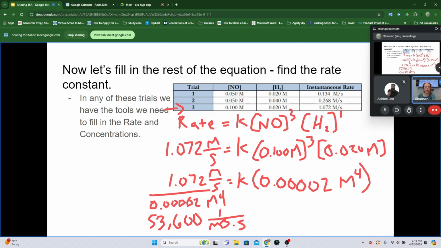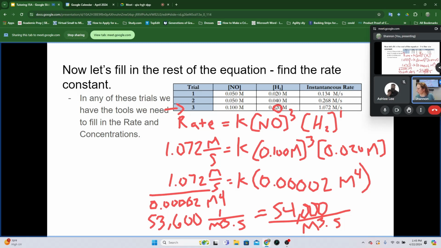We have 2 significant figures in several spots here, so you're going to get 54,000. You can write it this way, 1 over molarity to the third power times S, or you can do 54,000 divided by molarity to the third power times S. Whichever way you want to write it. It makes sense when you do it. Okay. That's good. All right.